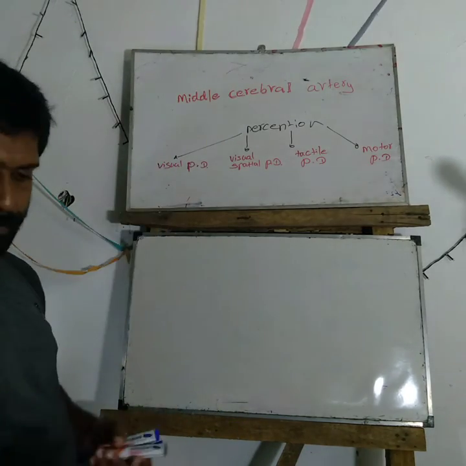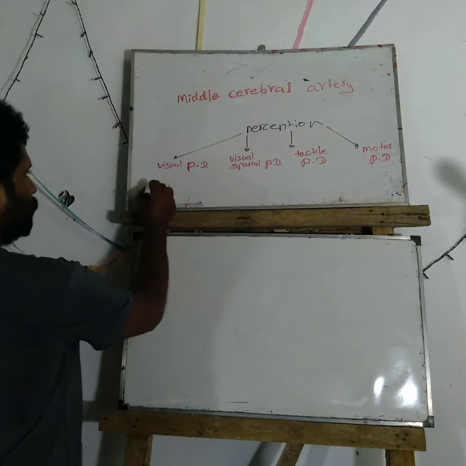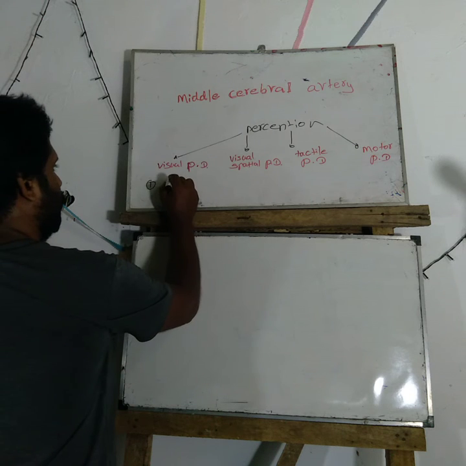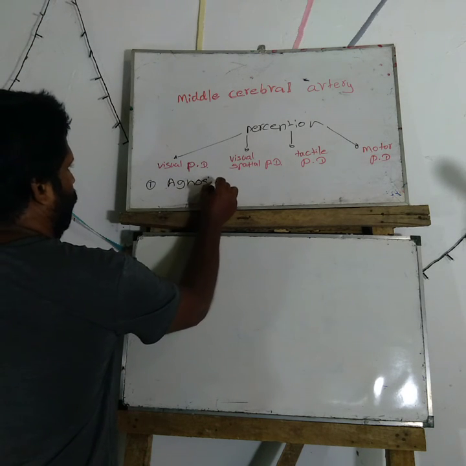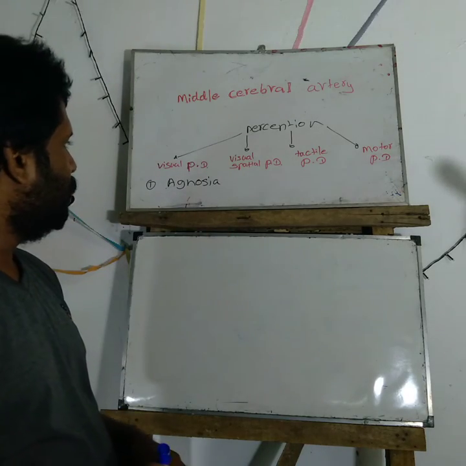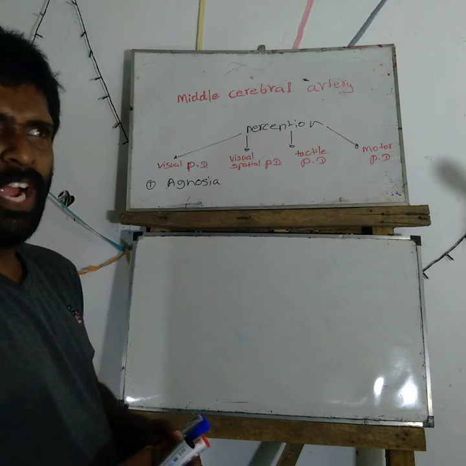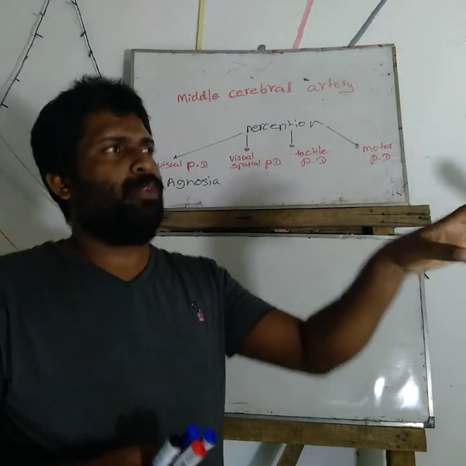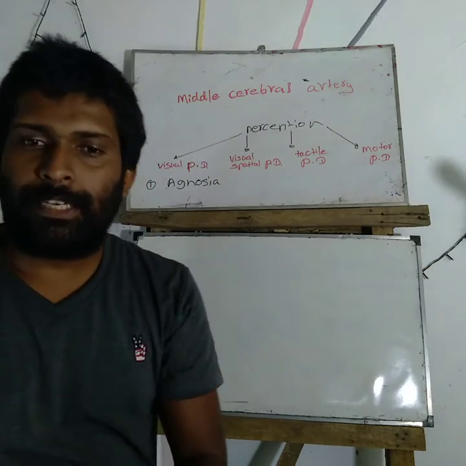The visual perceptual disorder: first is agnosia. Agnosia is when the person visually can't identify what this is, visually can't identify the external environment.